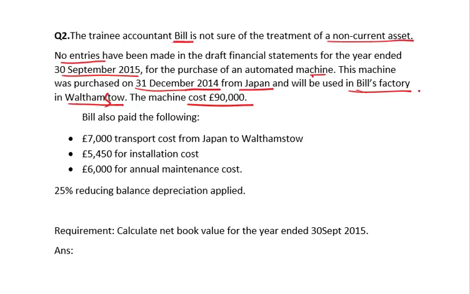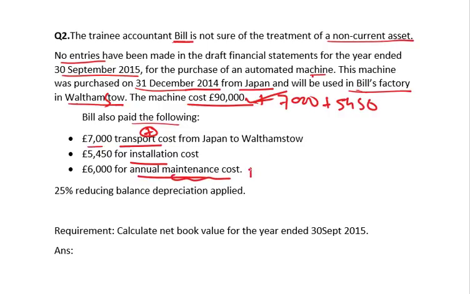Okay, there is no doubt this is capital expenditure, 90,000. He will also pay the following. 7,000 transport. That should be added. 5,450 for installation. Initial installation is your capital expenditure. 6,000 for annual maintenance. Did you see maintenance?